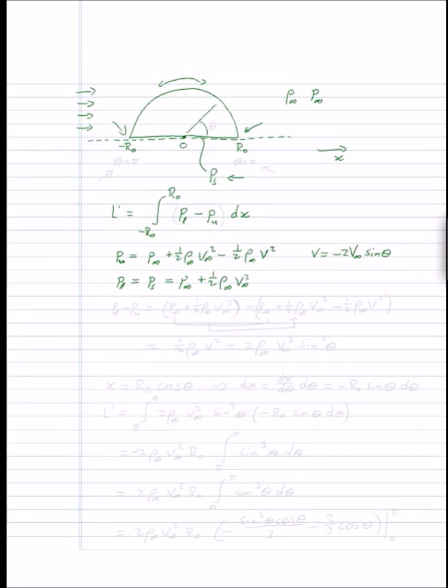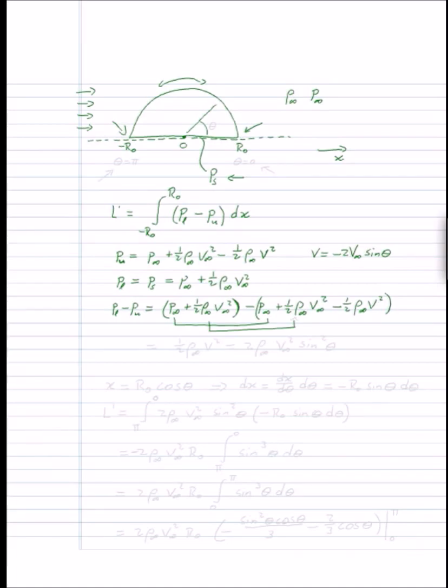Okay, so now what we can do is evaluate what PL minus PU is. So PL minus PU is equal to p infinity plus half rho infinity v infinity squared, that thing, minus, exactly the same terms, p infinity plus half rho infinity v infinity squared, minus a half rho infinity v squared, like that.